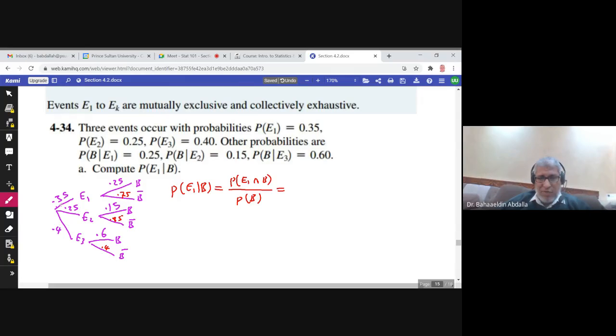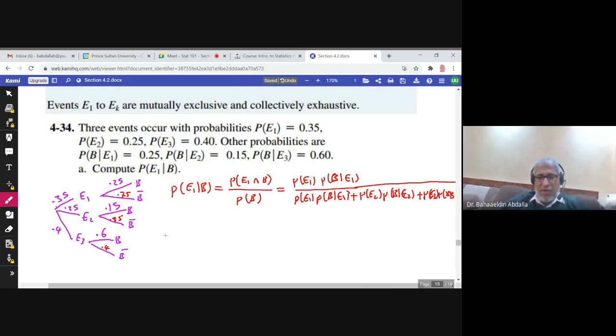E1 intersection B would be probability of E1 times probability of B given E1, over probability of B. And you can find probability of B from 3 places: probability of E1 times probability of B given E1, plus probability of E2 times probability of B given E2, plus probability of E3 times probability of B given E3. All of this is probability of B.